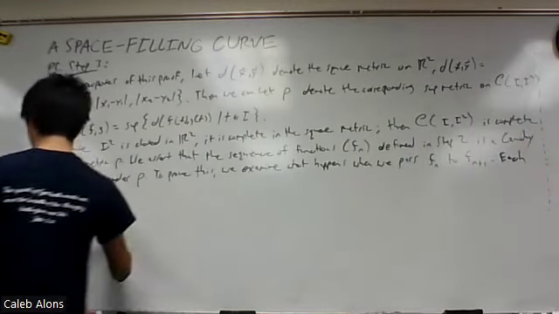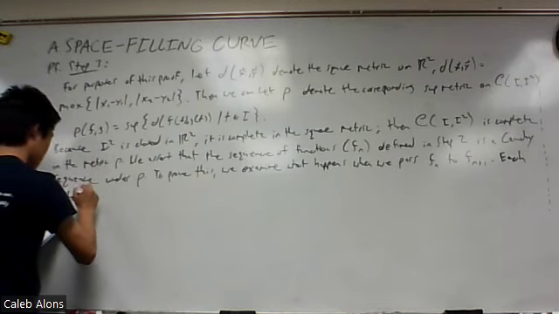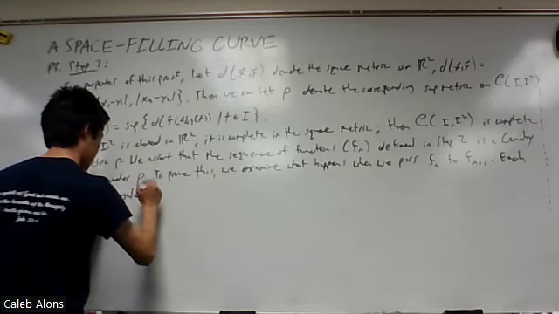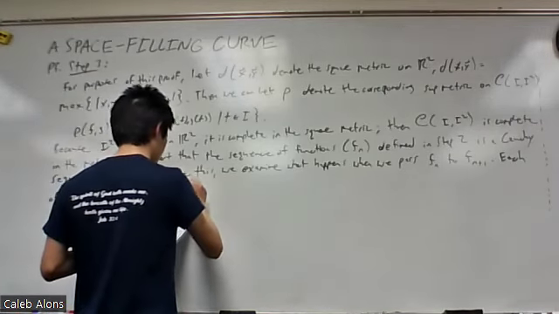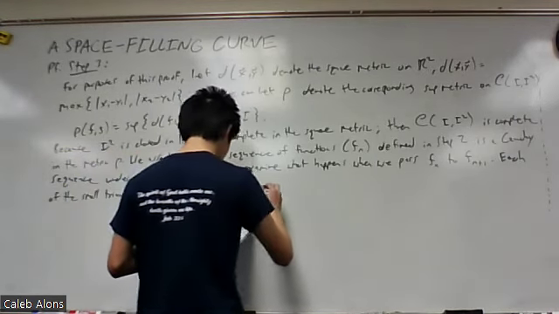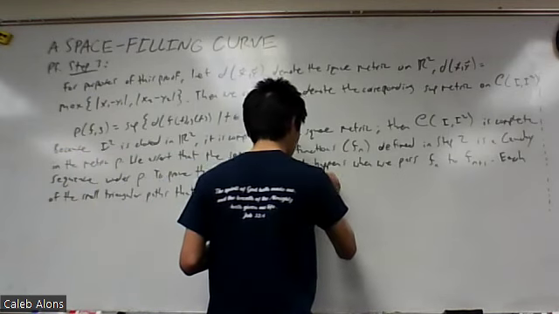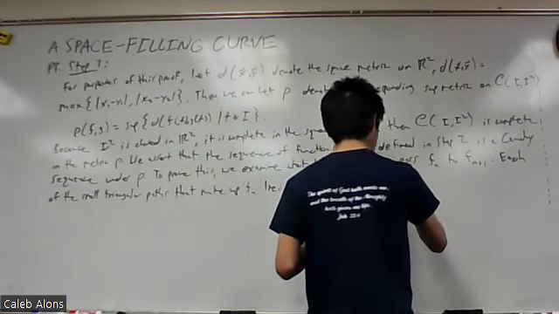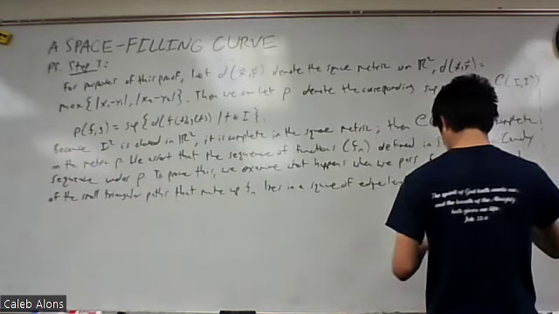Firstly, each of the small triangular paths that make up fn lies in a square of edge length 1 over 2 to the n, like we talked about.